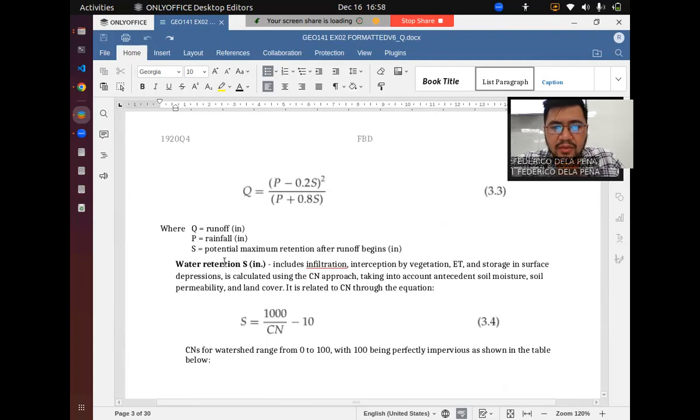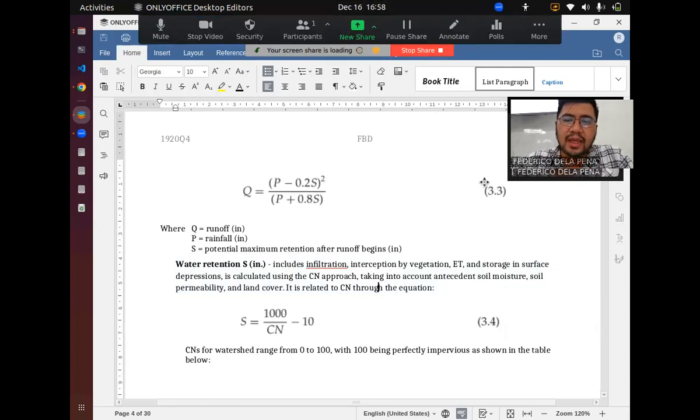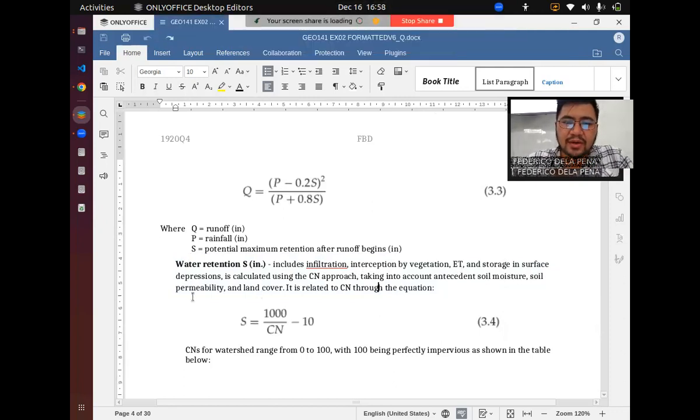Water retention includes your infiltration, or water percolating into the soil, the water intercepted by vegetation, evapotranspiration, and storage in the surface depressions, or basically the puddles.